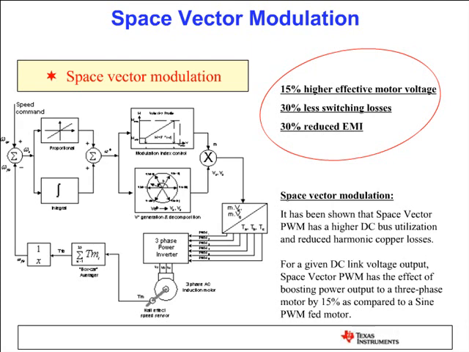So we can use low rated caps, which are the most expensive components of the drive, and reduce the switching losses because we reduce the DC bus voltage. And again, the DC bus voltage basically creates the EMI because of the stress. And again, we reduce the EMI as well. This is, of course, mathematically intensive, so all C2000 controllers use this algorithm.